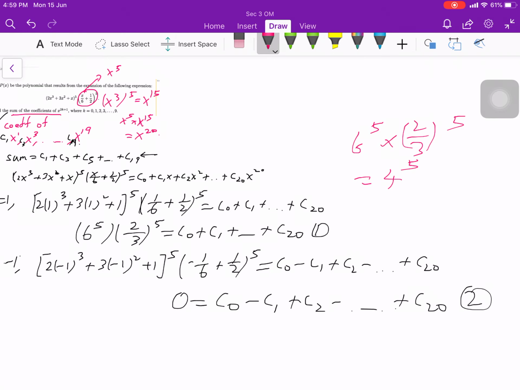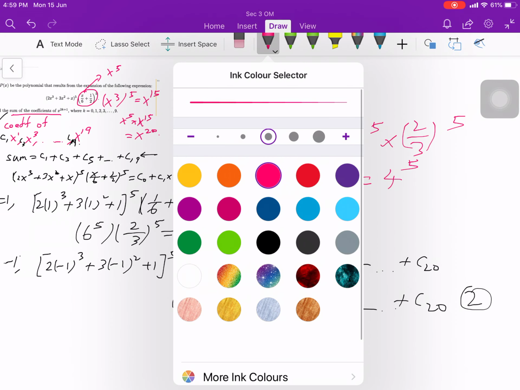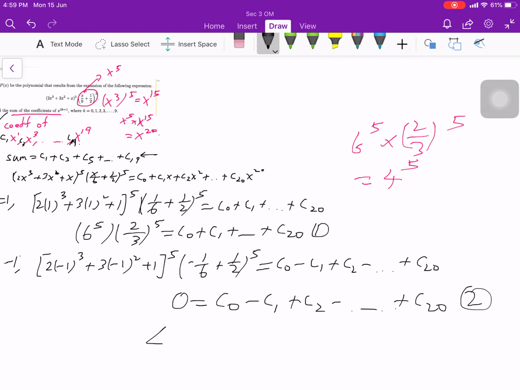And then raised to the power of 5. Therefore, equation 1 is actually 4 to the power of 5, and then this will be C0 plus C1 all the way until you get C20. That is equation 1 prime after my simplification, right?